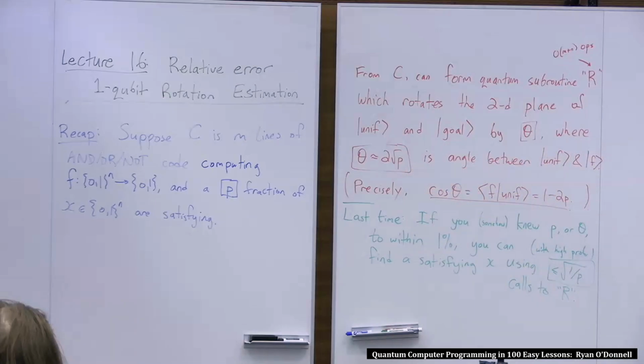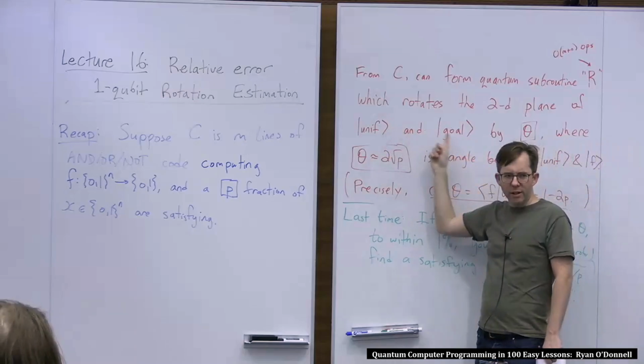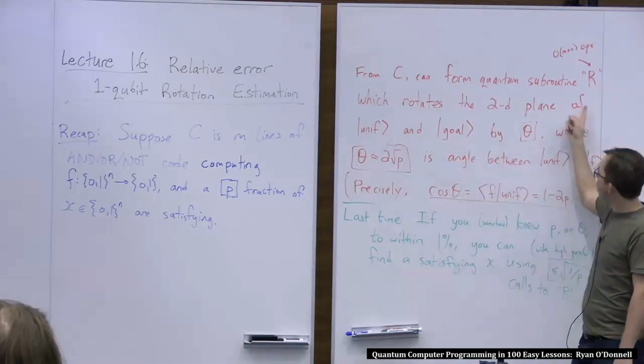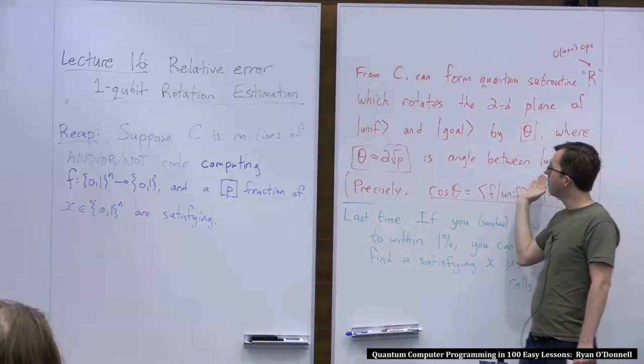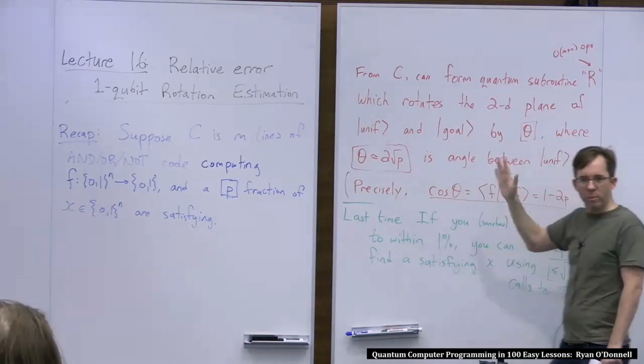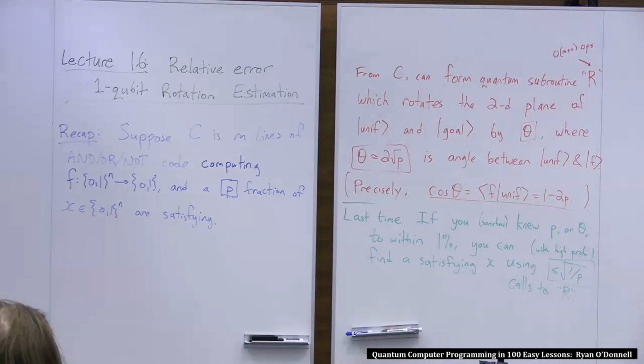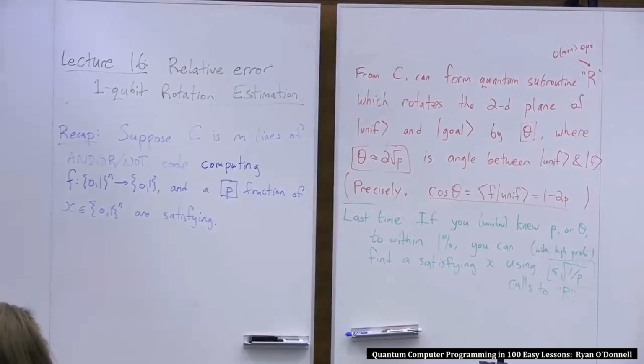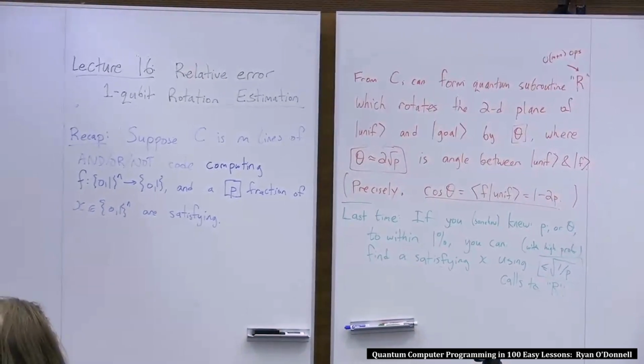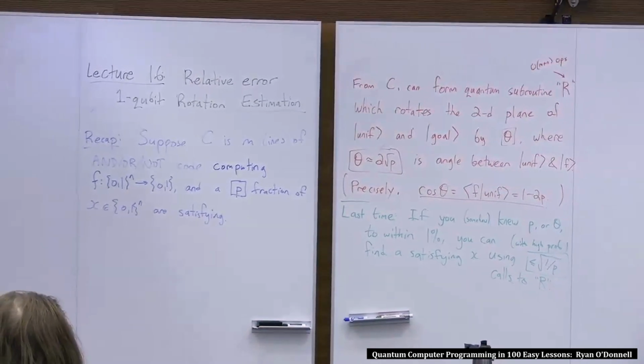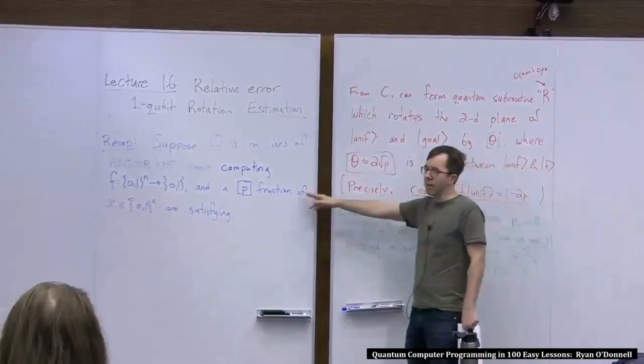So if you precisely knew this mystery angle theta, and you know that these two vectors are at an angle of basically 90 degrees, then you would just do R, 90 degrees divided by theta times, and it would move uniform to goal. Then you would measure, you would get a satisfying string, and all would be well. That was very efficient, and it gave us a square root speedup over classical algorithms, but it relied on this not very realistic assumption that you somehow magically knew the fraction of strings that satisfy C.